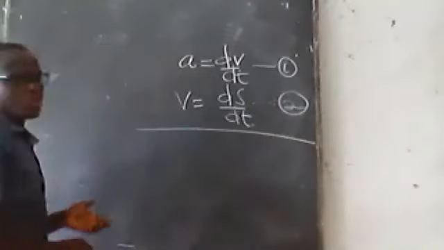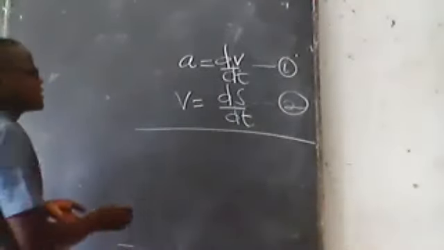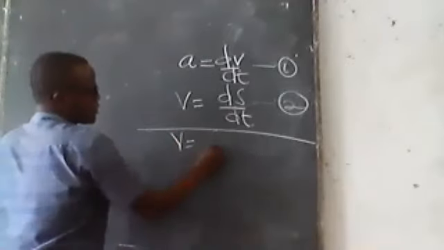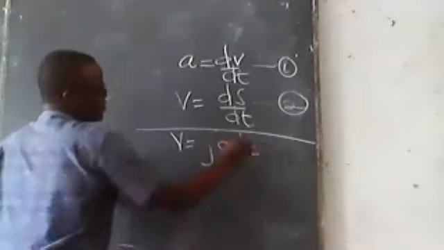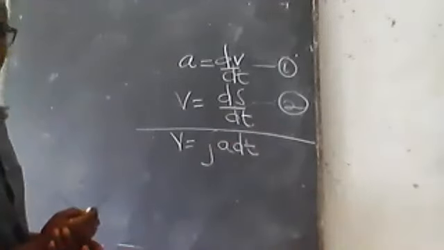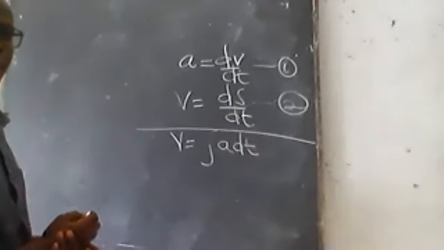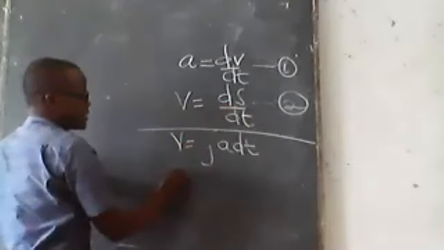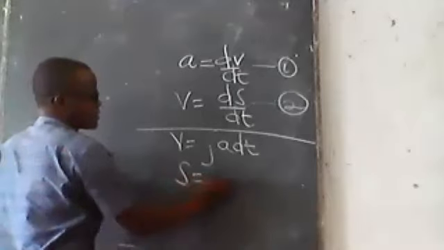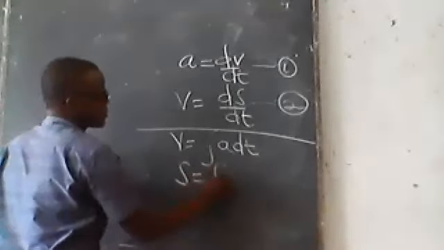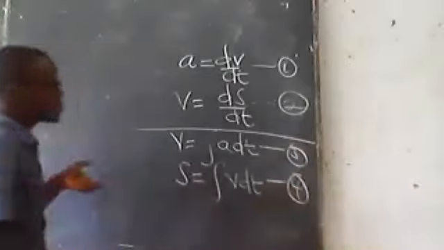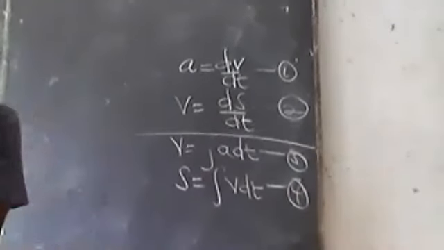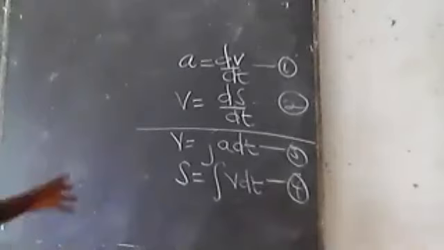And if acceleration is dv/dt, then it means velocity is the integral of acceleration with respect to time. Am I right? Yes, teacher. Then if v is equal to ds/dt, then distance is the integral of velocity with respect to time. So put those equations somewhere. I shall just refer to them.